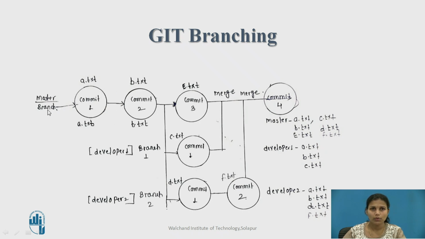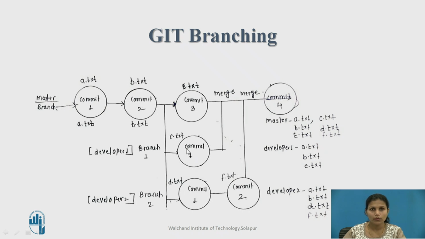Suppose in the master branch we have done two commit operations, where we have created two files, a.txt and b.txt. After these two commit operations we have created two different branches, from developer 1 and developer 2. When branch 1 creates the third file c.txt, it performs one commit operation, and branch 2 also creates the d.txt file and performs a commit operation.